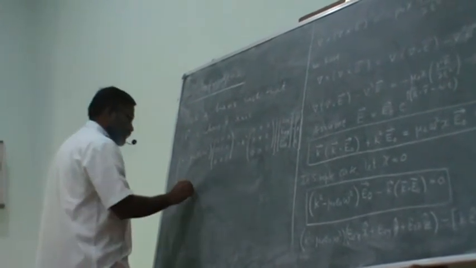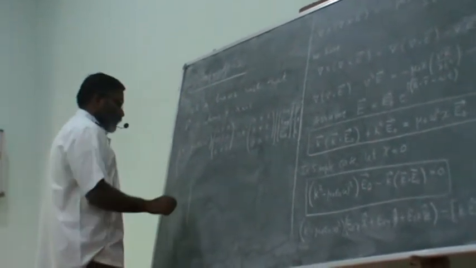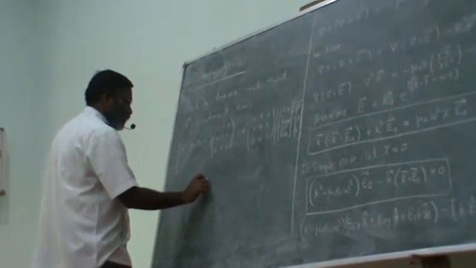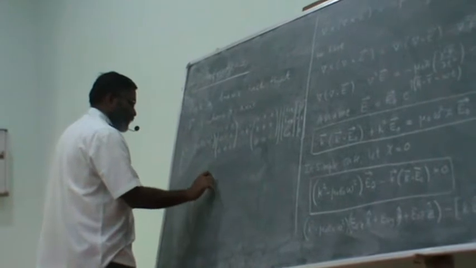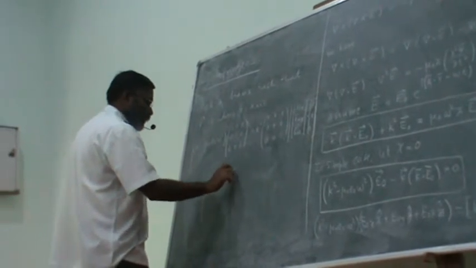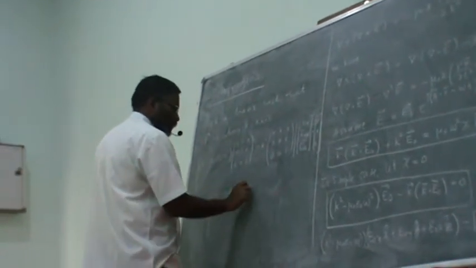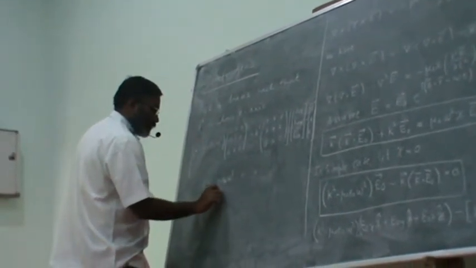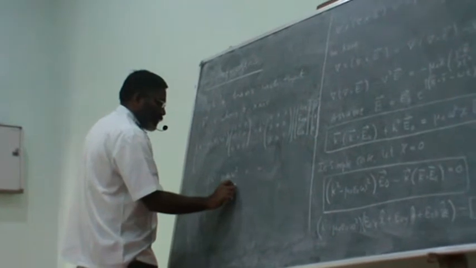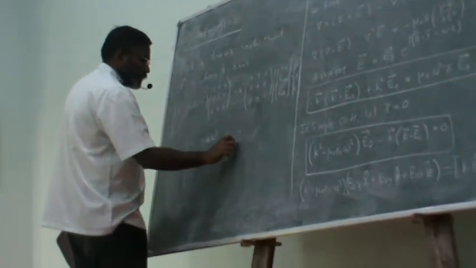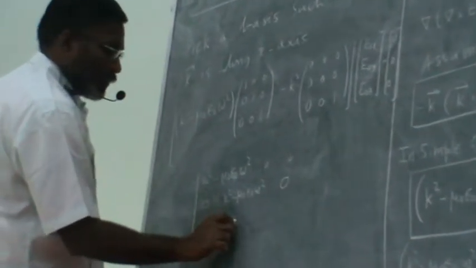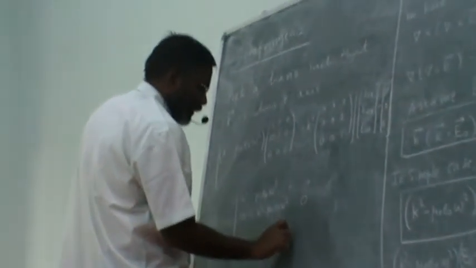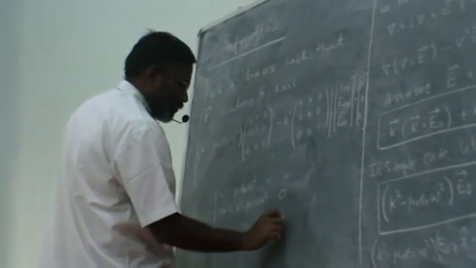This matrix is essentially k square minus mu naught epsilon naught omega square, 0, 0, and 0, k square minus mu naught epsilon naught omega square, 0, 0, 0, k square minus k square, so it will simply be minus mu naught epsilon naught omega square.